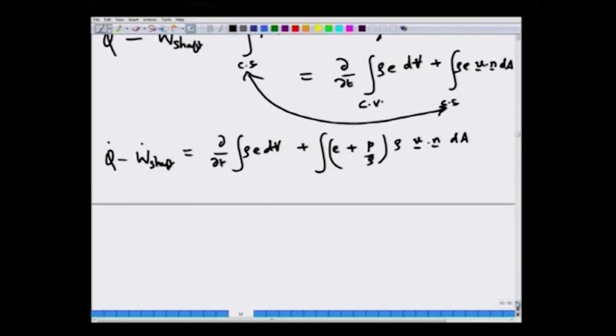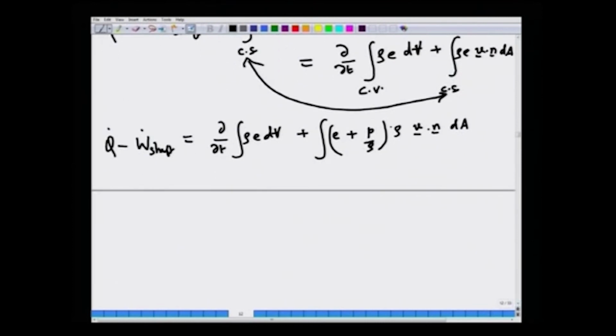This is something I can do by just multiplying and dividing by rho. Where E, if you remember, is the specific energy, that is total energy per unit mass, which is the internal energy per unit mass plus the macroscopic kinetic energy per unit mass plus the macroscopic potential energy per unit mass.